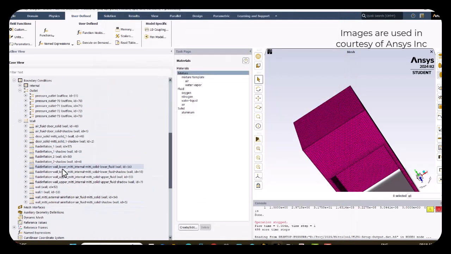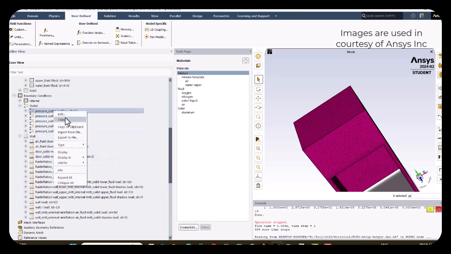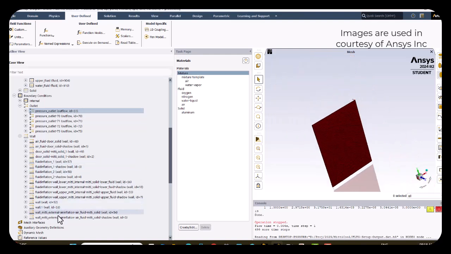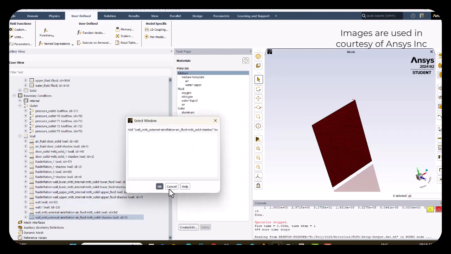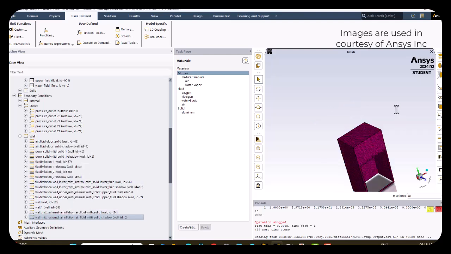And there is an outflow condition that I have implemented here. I will just display. Maybe I'll need to add this one also. So okay, this is displayed adjacent to this refrigerator. There is an enclosure.